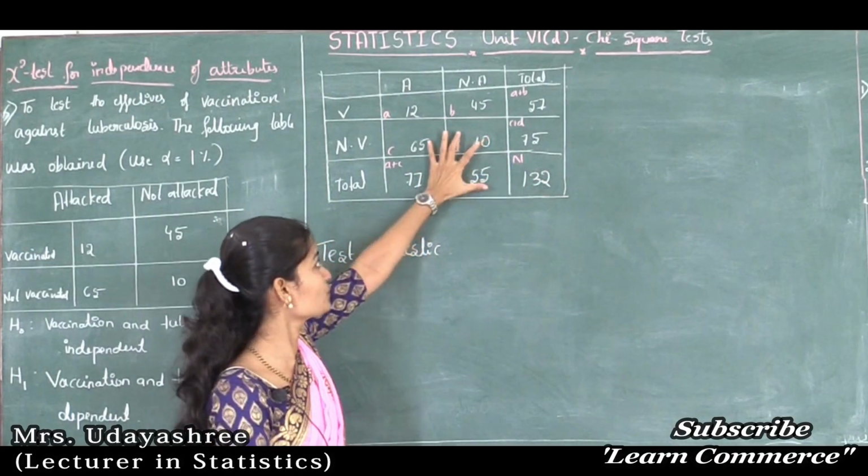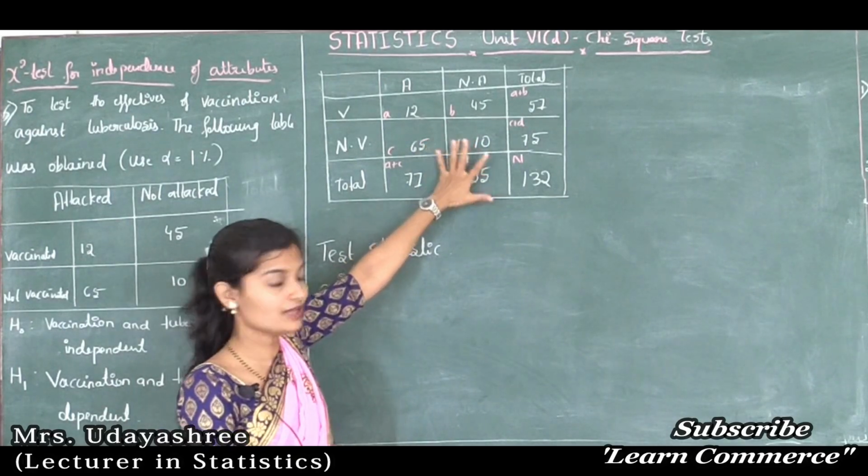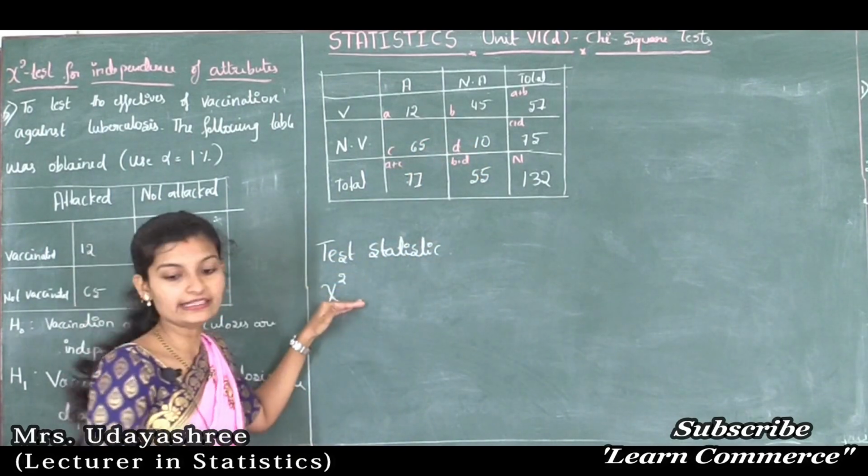Here we got the contingency table values. Now based on this table we can write chi-square.